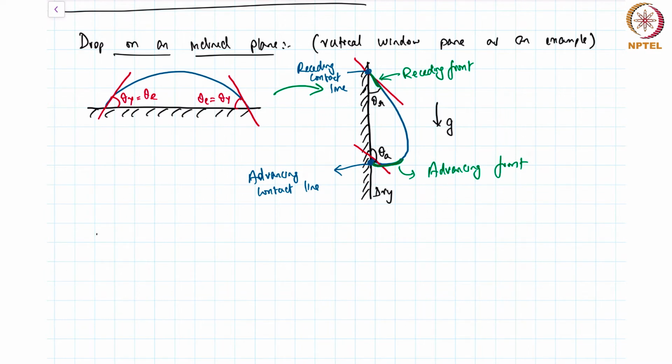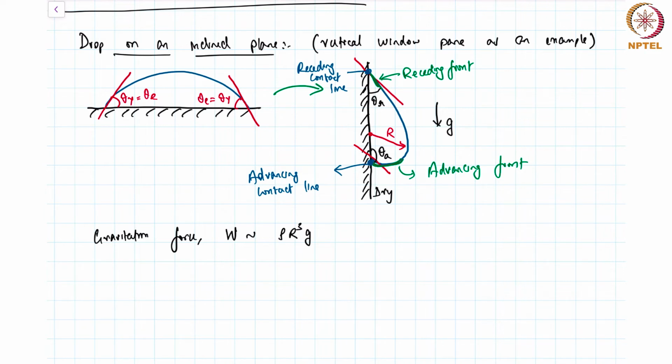The gravitational force, in this case the weight, scales like density times volume. Volume roughly scales like r cubed times g, where r is some equivalent or characteristic radius of the droplet, but we know it scales like r cubed. That's what matters to us.